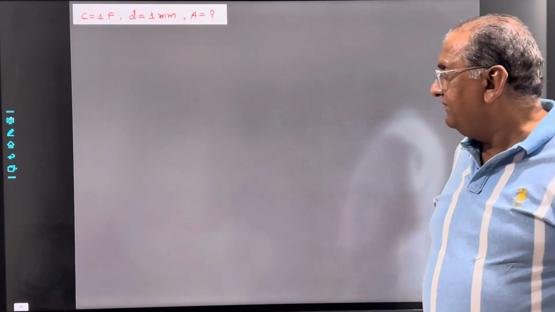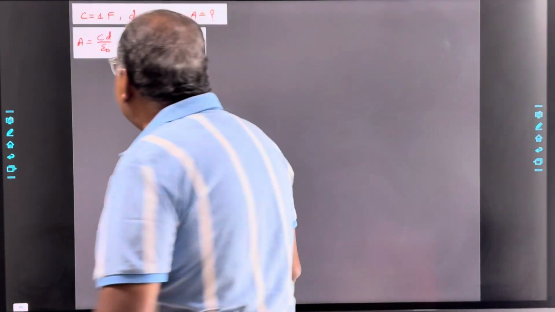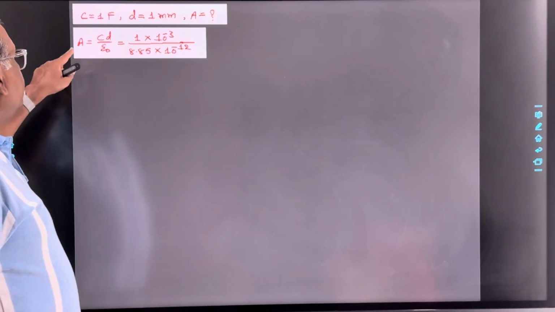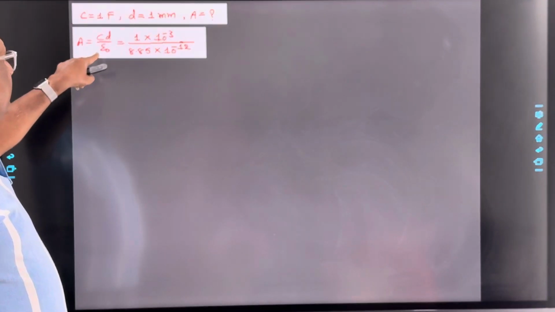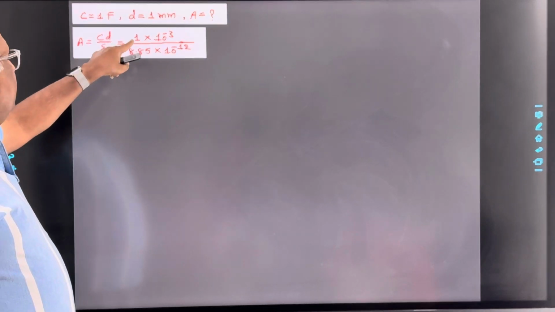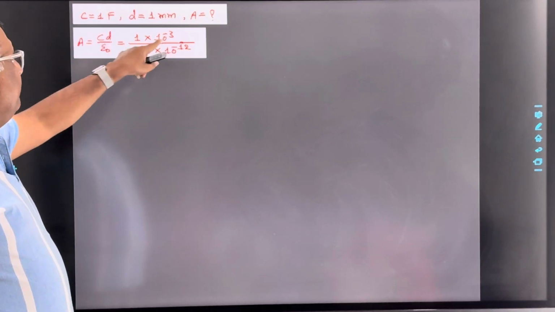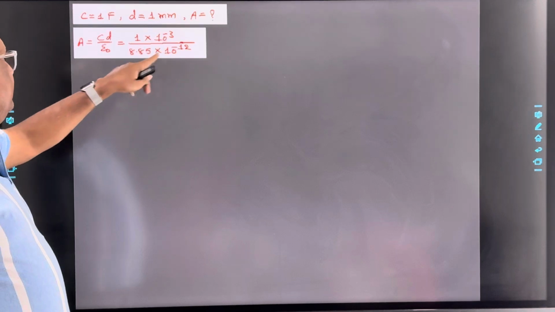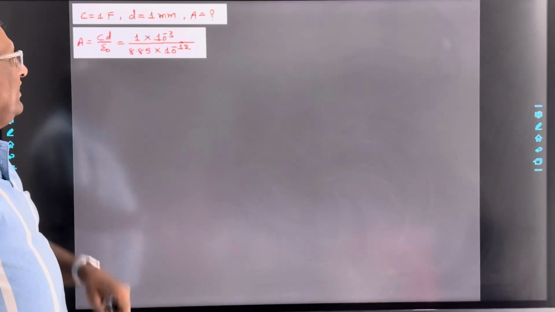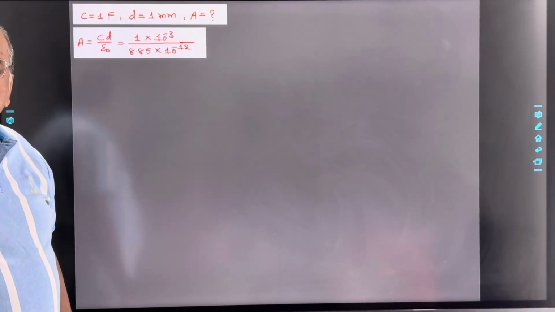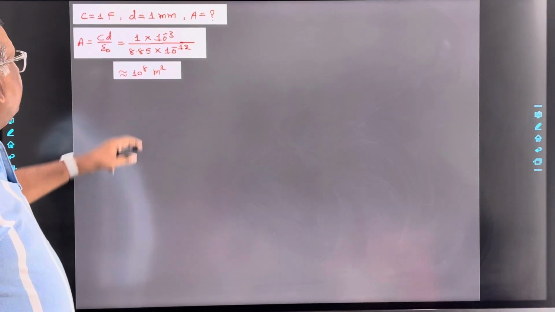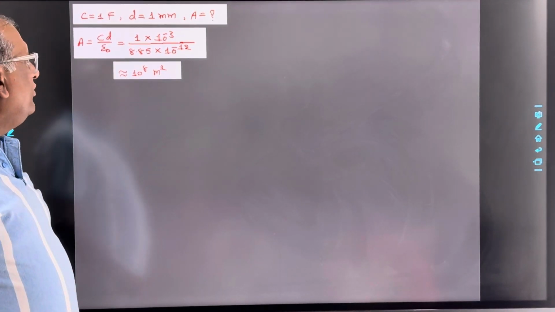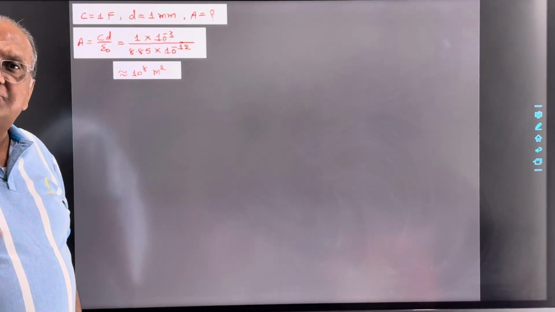Let's calculate. C is epsilon 0 A by d, so A is C d upon epsilon 0. C is 1 farad, d is 1 millimeter, so 10 raised to minus 3 meter, epsilon 0 is 8.85 into 10 raised to minus 12. If we solve this, the answer will be nearly equal to 10 raised to 8 meter square.